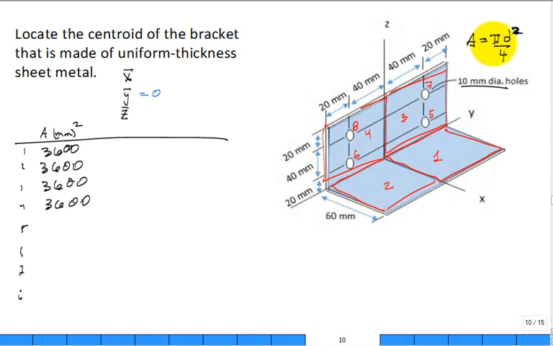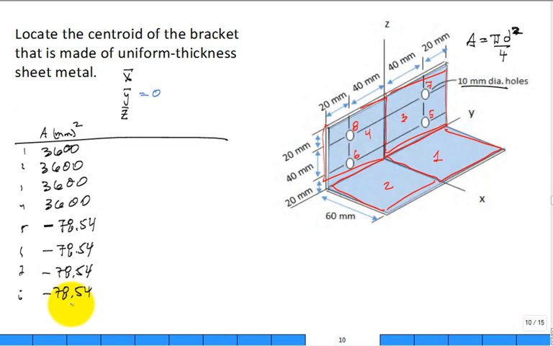And so we would put in here 78.54 millimeters squared. At this point, we put a negative because it's not there, and we just treat it like every other area, and it'll make the math work. 78.54, negative 78.54, negative 78.54.